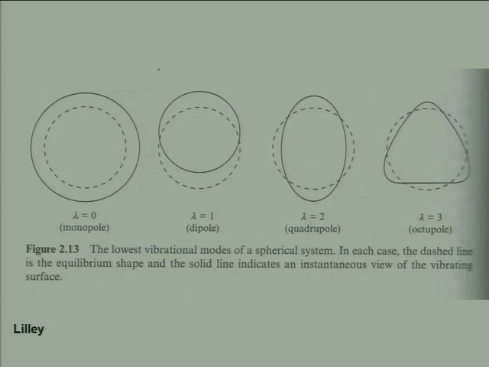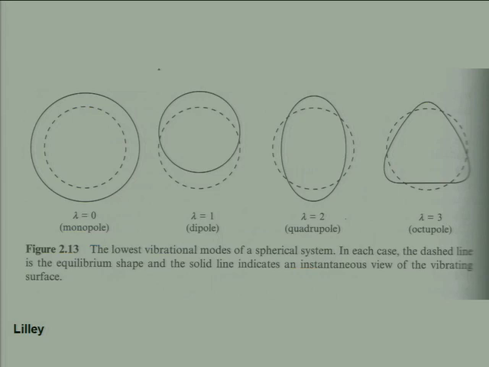Now that violates something I said earlier, because if that were true, if it just gets larger, what happens to the density in going from this shape to that shape? It decreases. And similarly, if the nucleus compressed and the radius got smaller, the density would go up. Well, nuclear fluids don't like to do that. So this doesn't happen. Classically, this could happen. We don't see that experimentally, so that's not what's going on.